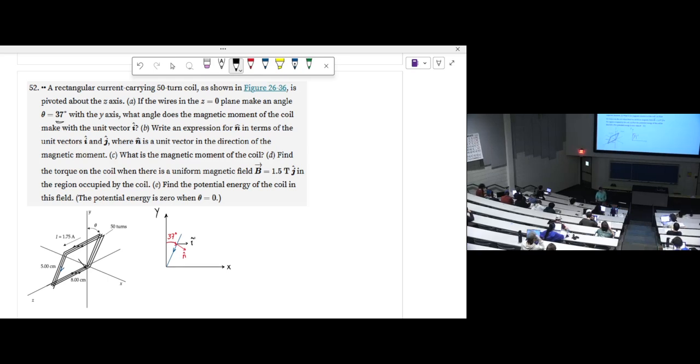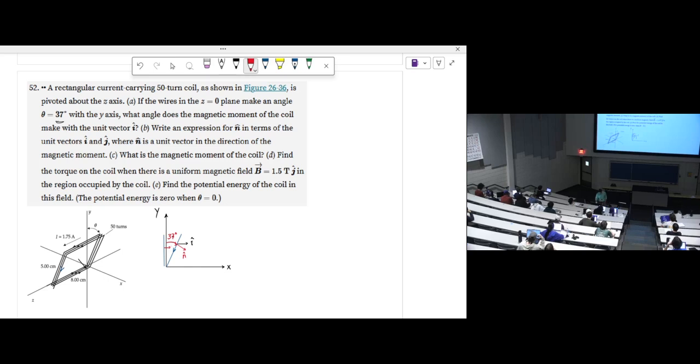And so now we want to consider if this loop were still aligned to the y-axis right here, if we moved this loop from this angle of 37 degrees along the y-axis, what you would see is that as the loop goes to this configuration right here, that n hat, in that case, is going to be pointed in the i hat direction.